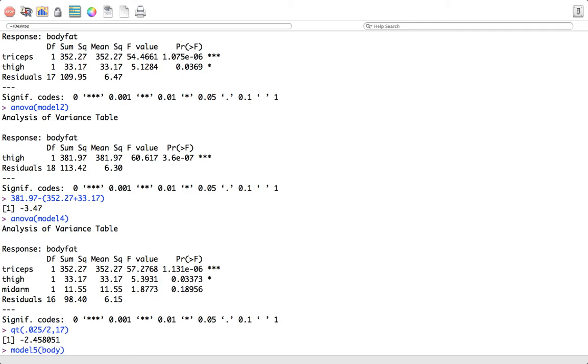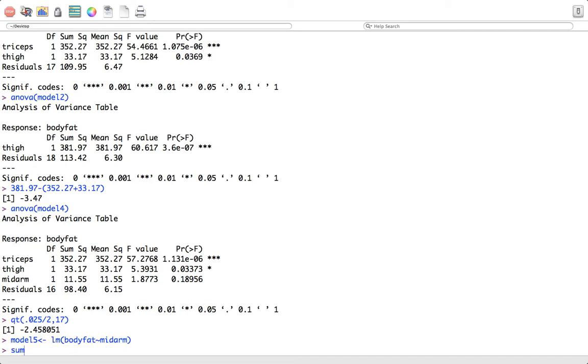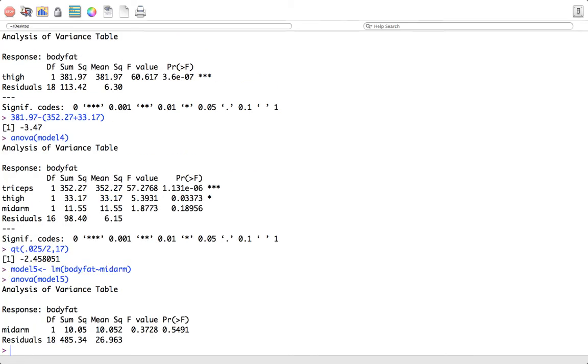I want to run body fat over mid-arm, and I want to run ANOVA of model 5. And I want to take a look at the sum of squares regression, which is 10.05.